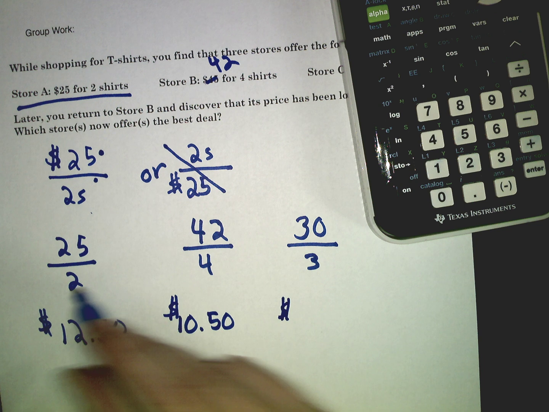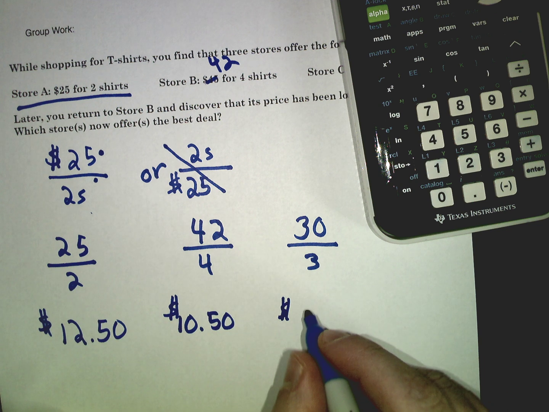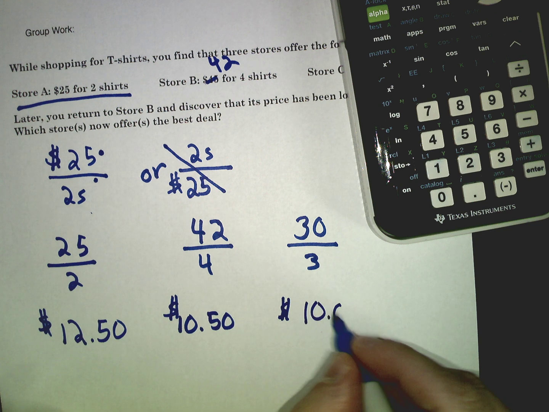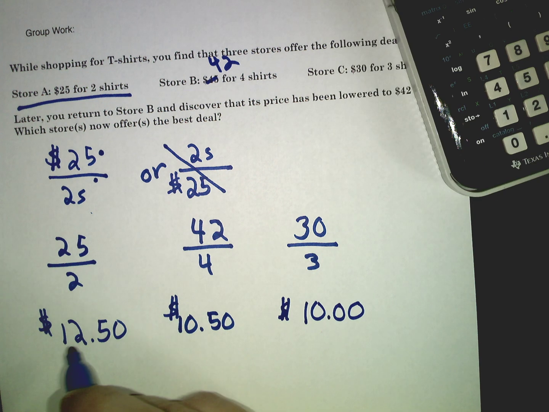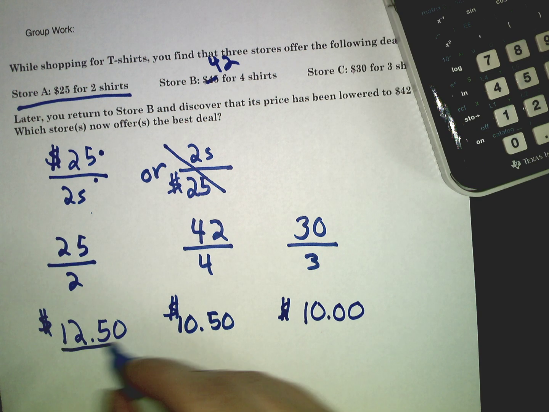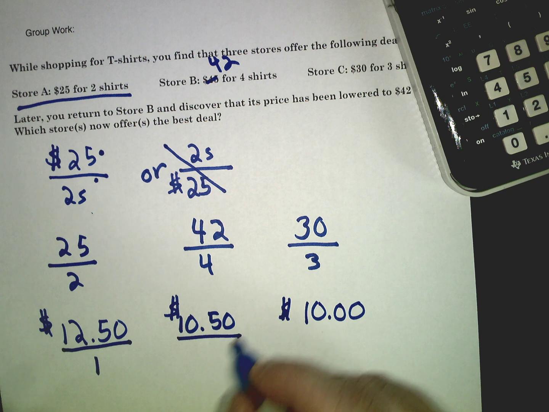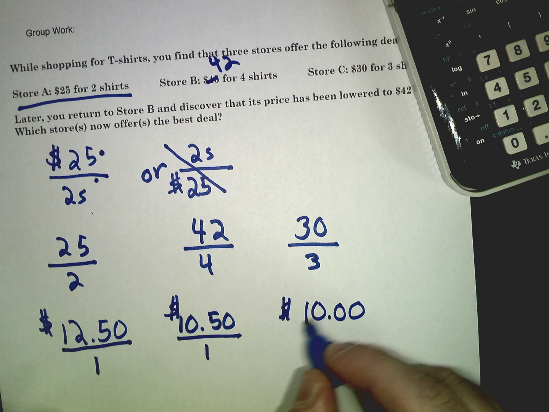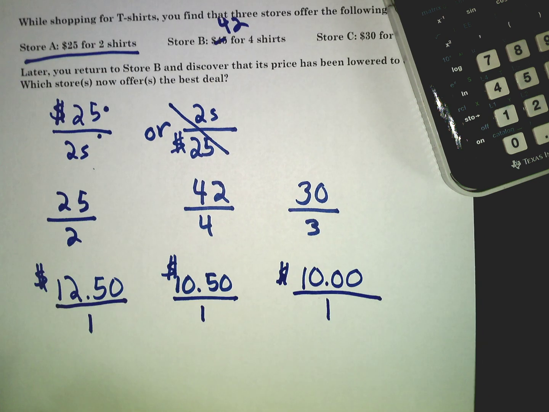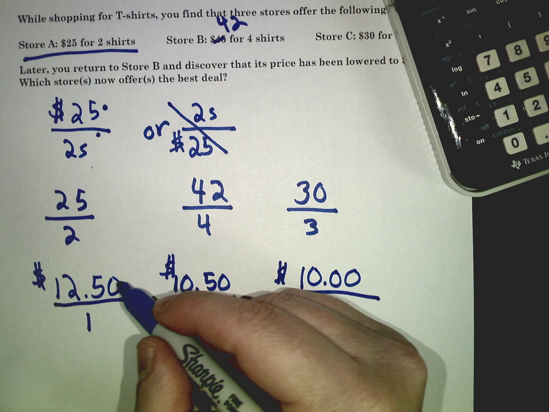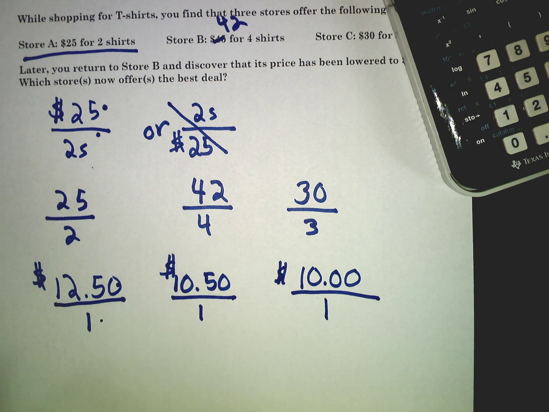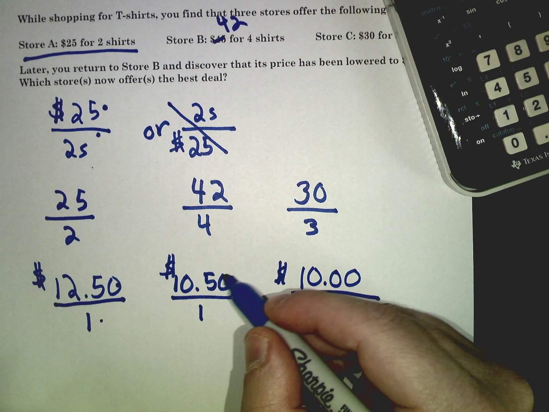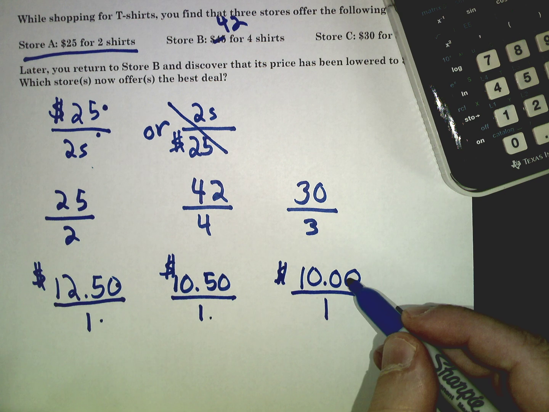But what happened to these 4s and 3s? When you're doing division, I like this idea: remember, every whole number is a fraction. These are all fractions. This is telling me it's $12.50 for 1 shirt, $10.50 for 1 shirt, $10 for 1 shirt.